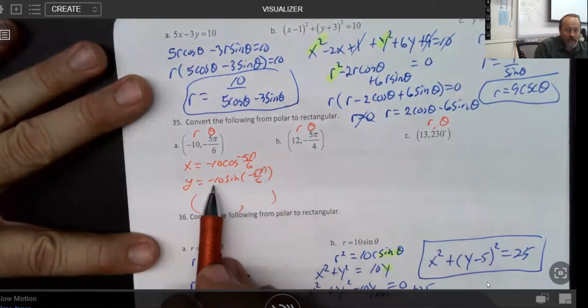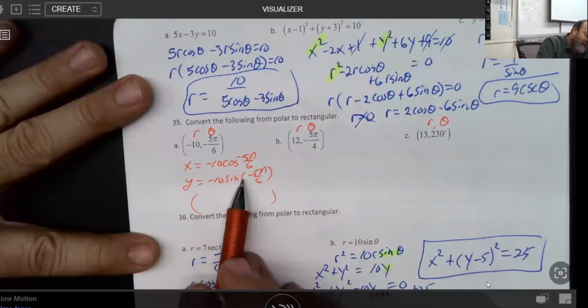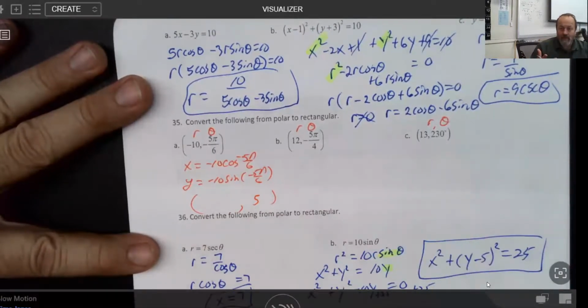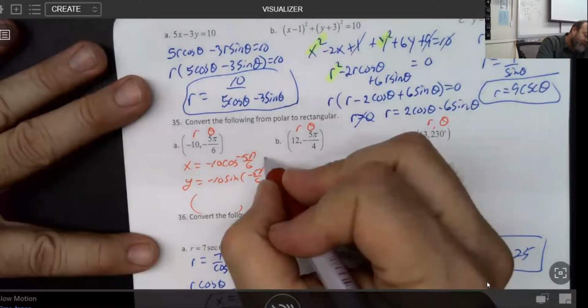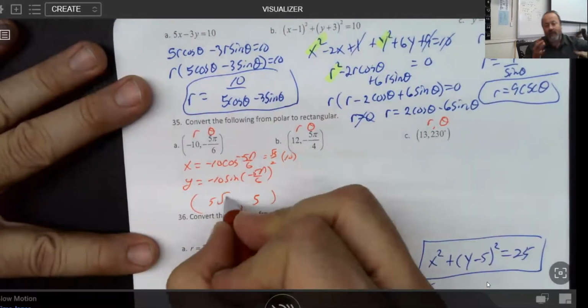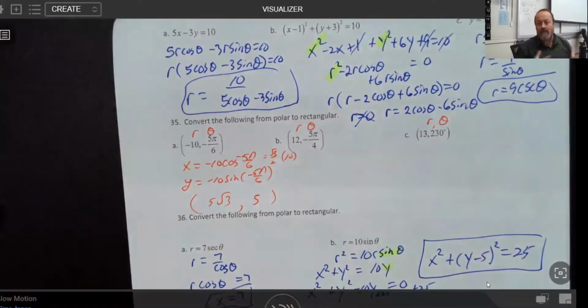And 10 times a half is going to be 5. We should similarly know that the cosine of any kind of pi over 6 is root 3 over 2. Times that 10 is going to be 5 roots of 3. So that 5 roots of 3, 10 should make sense. It's one of those special right triangles that we have done a few times.